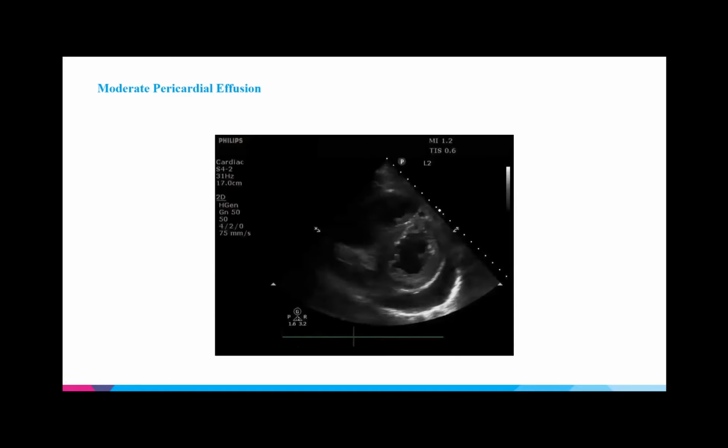All right, so this is another example of a moderate pericardial effusion where you can really appreciate the effusion down here, right? And so what view is this, guys?